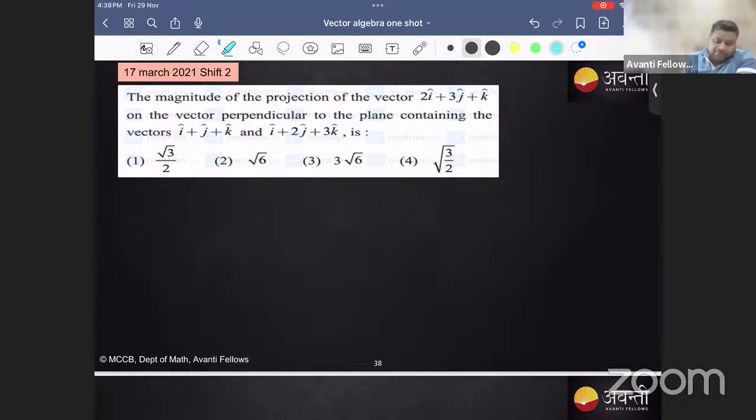First of all, find a vector perpendicular to the plane containing this and this.